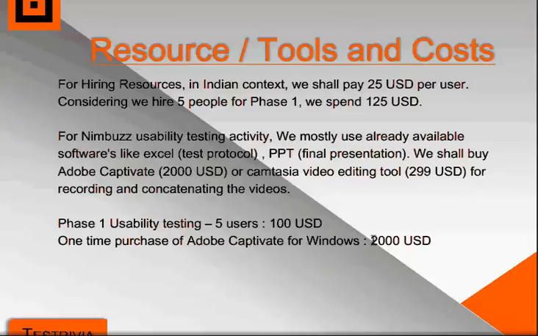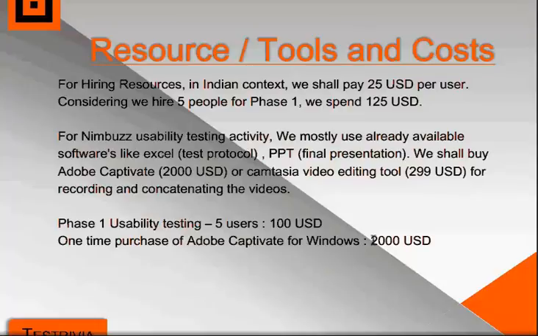Now we are on a slide called resources, tools and costs. For example, in the Indian context, 25 USD per user is good, but in the US you should pay at least $100.